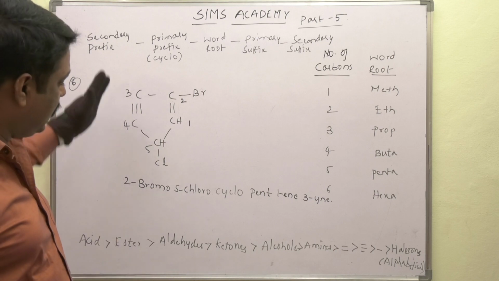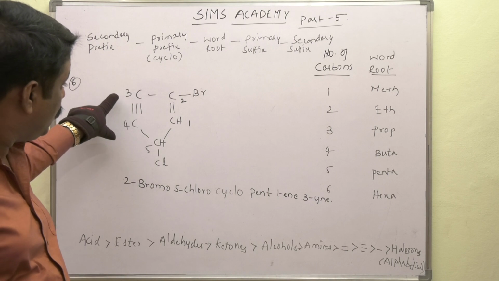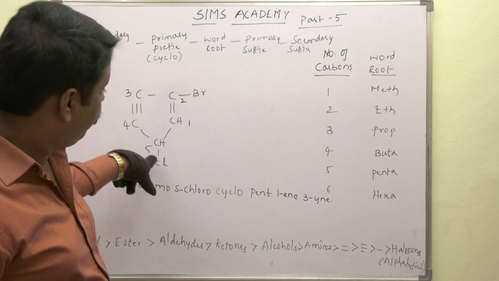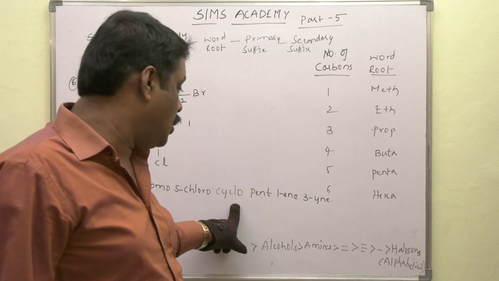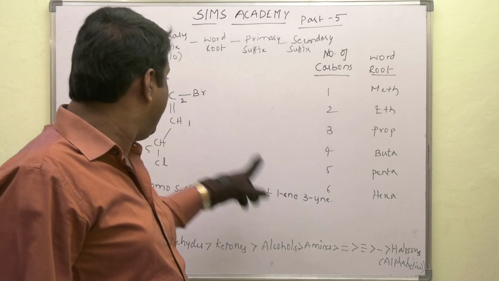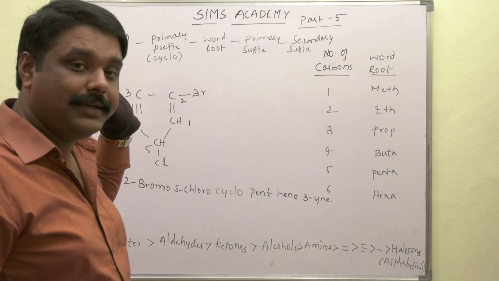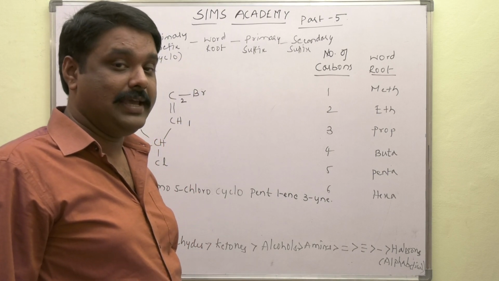That means its name is 2 bromo, 5 chloro, cyclopent-1-en-3-ine. I hope you understood. Yes?